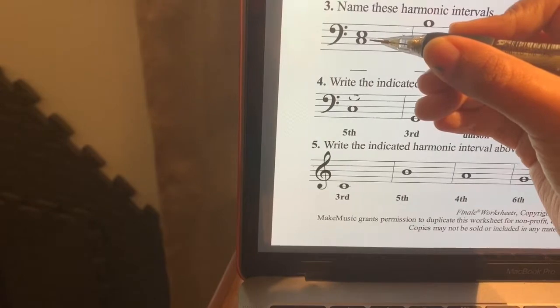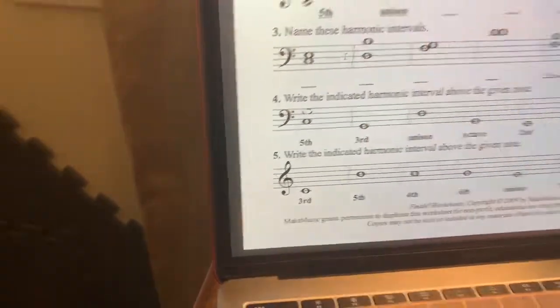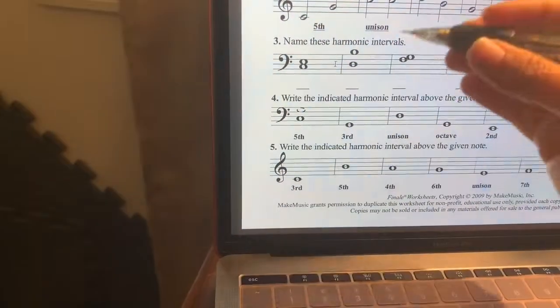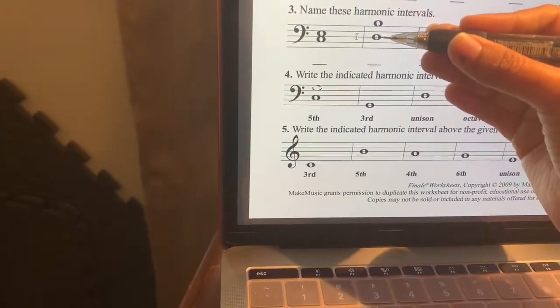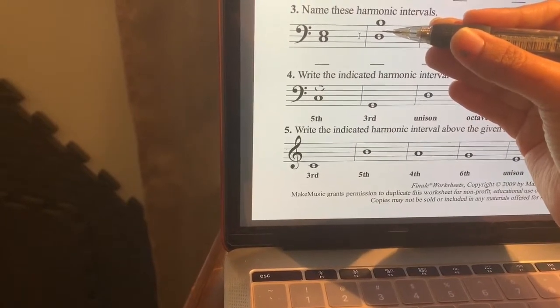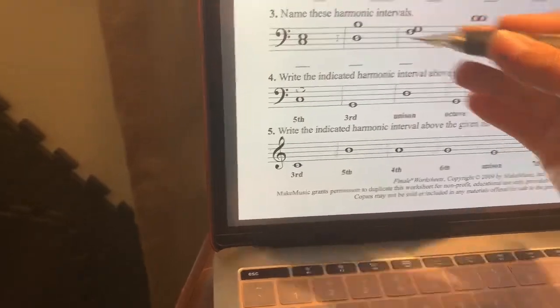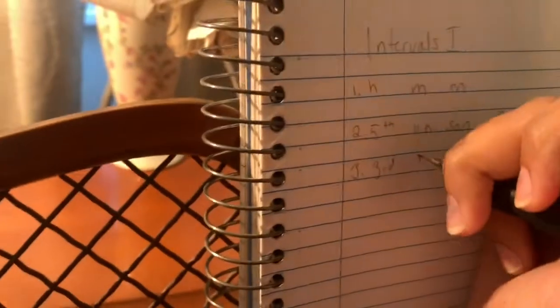So 1 space, 2 line, 3 space. I would call that one a third. So number 3, I have a third. And then I do the same thing right here. 1 line, 2 space, 3 line, 4 space, 5 line, 6 space, and I'd call that one a sixth.